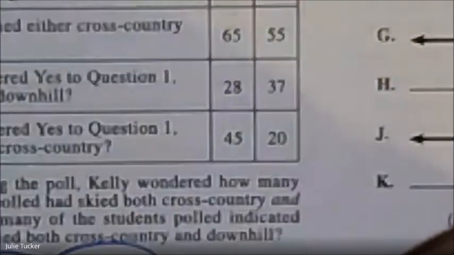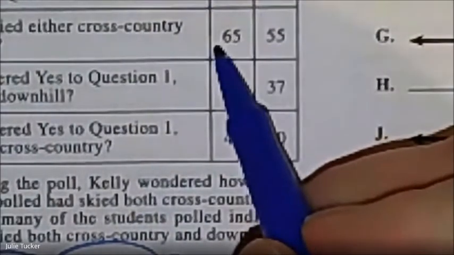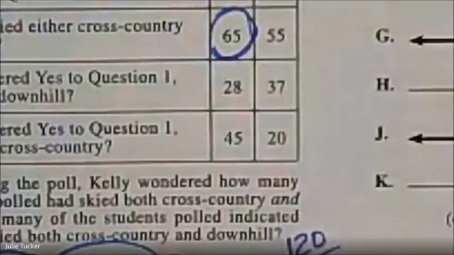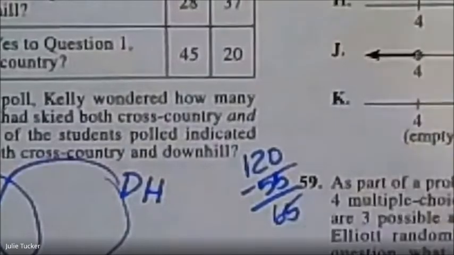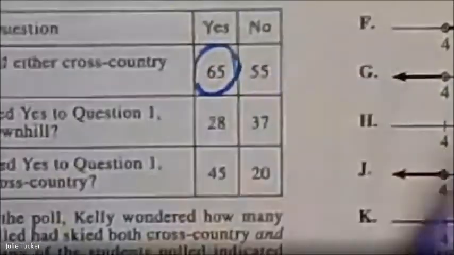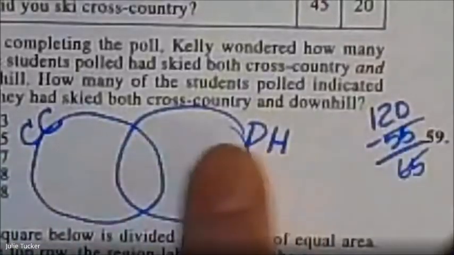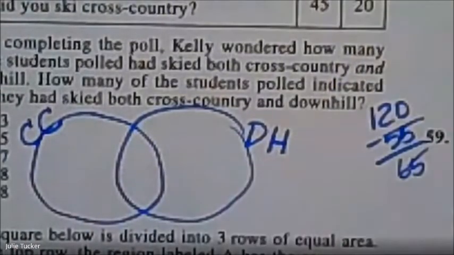So 120 minus the 55 is 65 that said yes, because 120 minus 55 is 65. All the people answered everything. So the 65 is the total of all the people across this whole thing of cross country and downhill, going to add up to 65, okay?